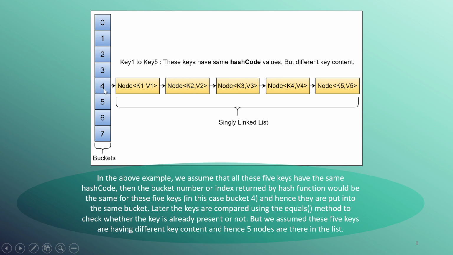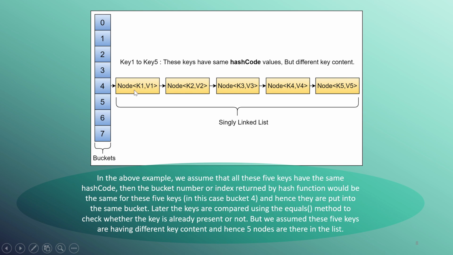For the first key, suppose I am inserting key 1 and v1, it will create a node of a singly linked list. This 4 will point to this particular node, and it will store the entire entry over here.